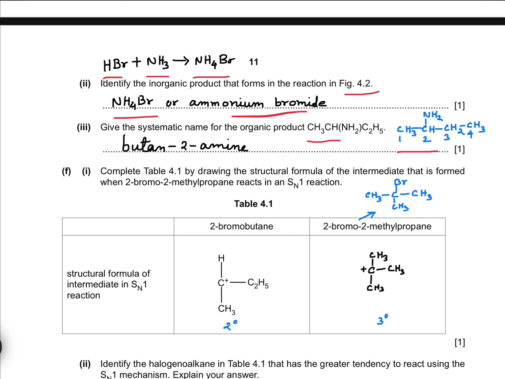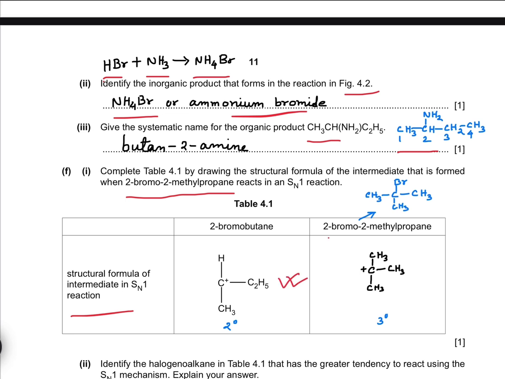F1. Complete table 4.1 by drawing the structural formula of the intermediate that is formed when 2-bromo-2-methylpropane reacts in an SN1 reaction. Table 4.1. Structural formula of intermediate in SN1 reaction. So for 2-bromobutane, here is the carbocation given.